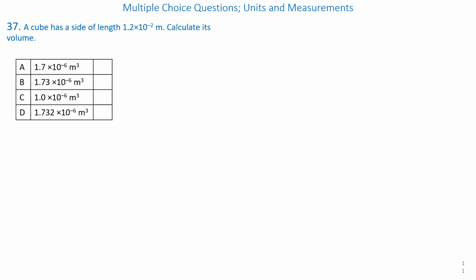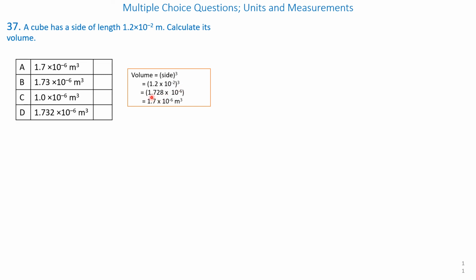Next question, question number 37. A cube has a side length of 1.2 into 10 to the power of minus 2 meters. Calculate its volume. So this is a simple problem. Length of one side is given. We have to calculate its volume. So volume is side into whole cube. Given side is 1.2 into 10 to the power of minus 2 meters, whole cube.